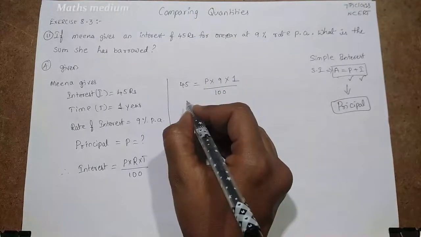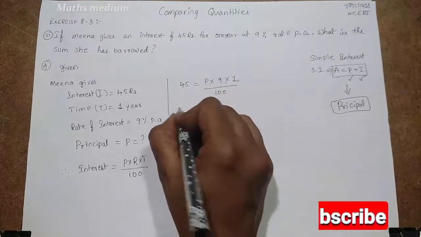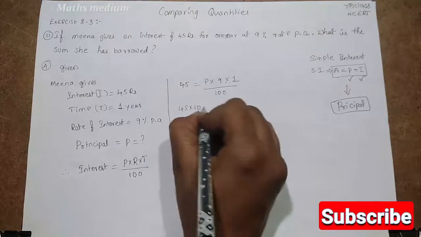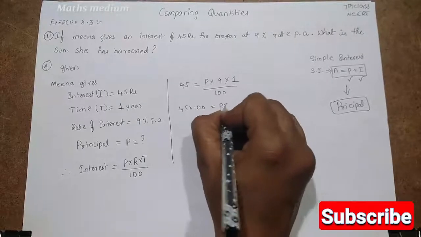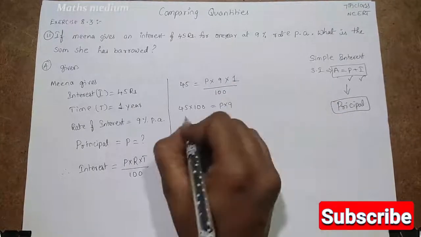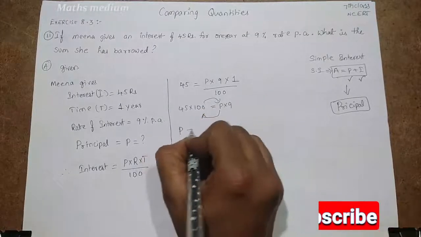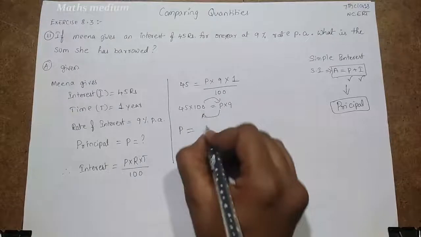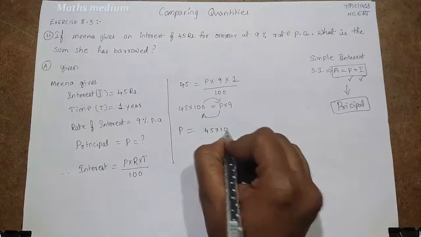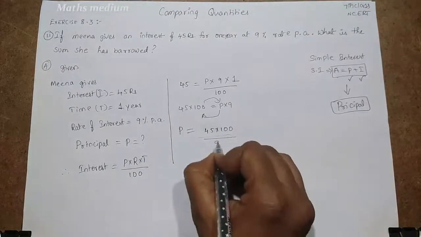Now apply simplification by keeping P here: 45 into 100 is equal to P into 9. It means 9 ones are 9. Now interchange the values. By keeping P here, we get 45 into 100 divided by 9.